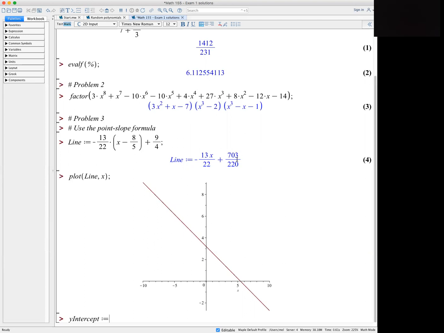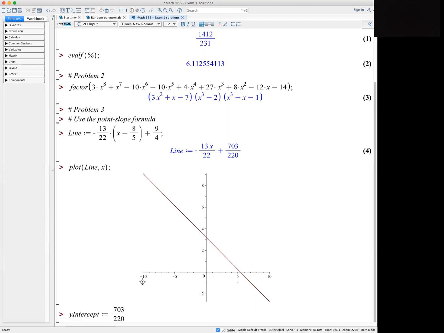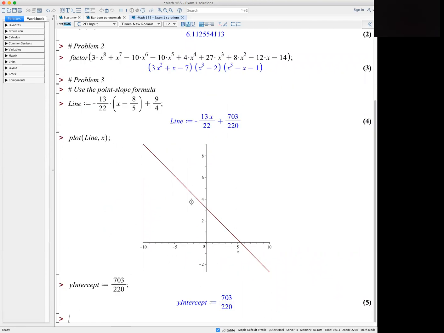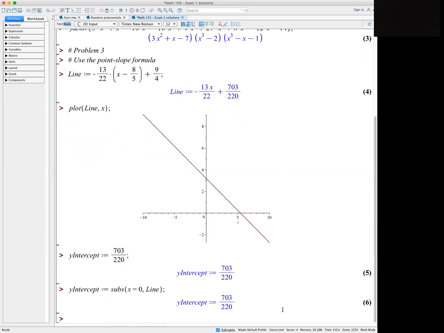That's 703 over 220. That comes right from the equation of the line. Another way of doing this is what happens when you substitute x equals 0 into the line. And you get, of course, the same number.